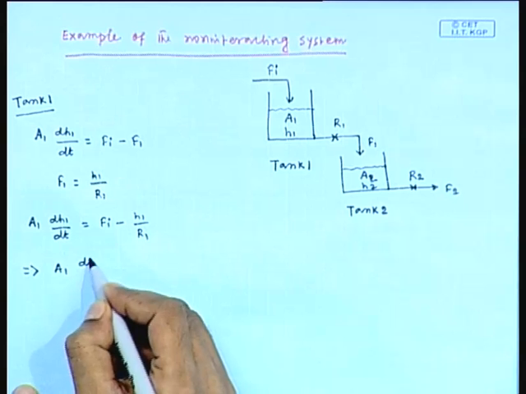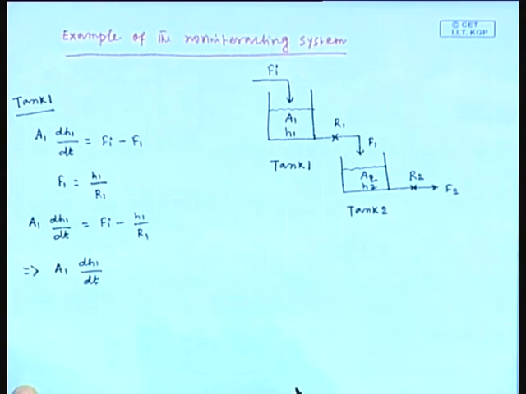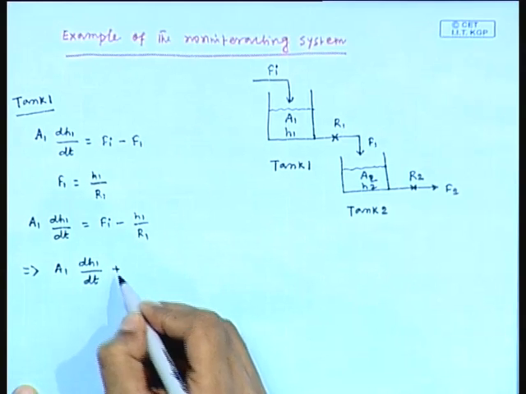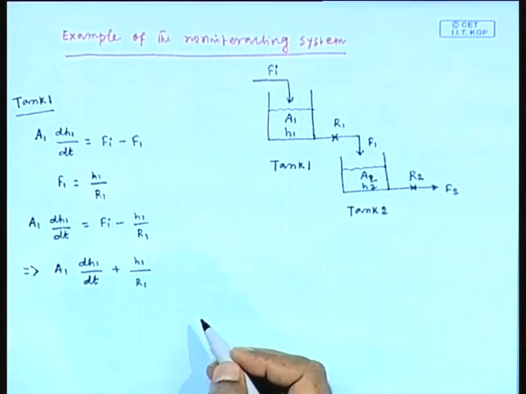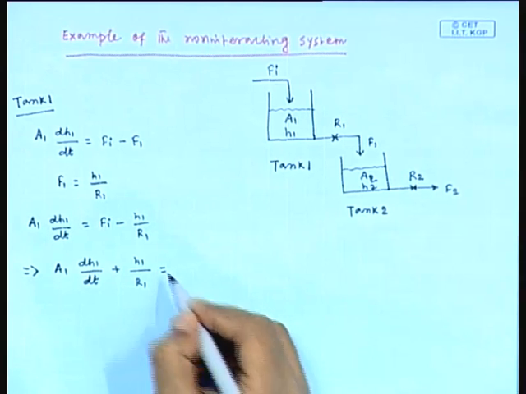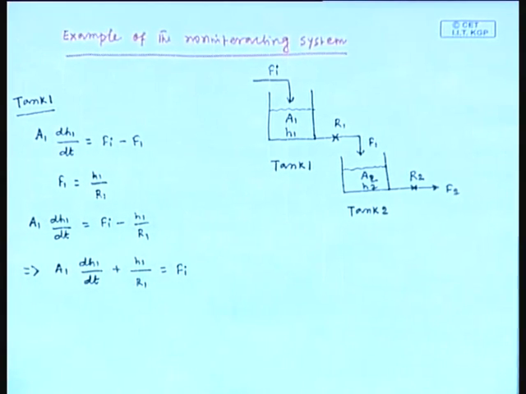Rearranging, we have A1 dH1/dt plus H1 divided by R1 equals Fi.